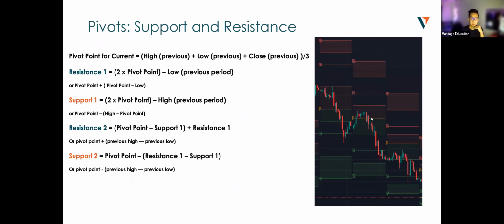Okay, so again, the pivot point is in the middle, and we have 3 resistance points. I'm just going to show R1, R2. When I talk about the probability of prices going above R1, on average, it's about 40%. R2 is about 17%. And R3, which is basically an extrapolation of your R2 and your pivot point, would be 3%.